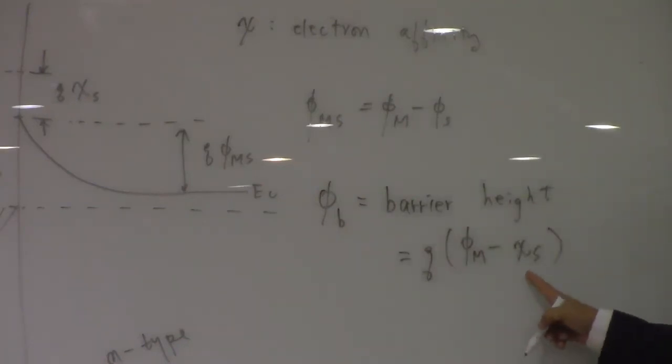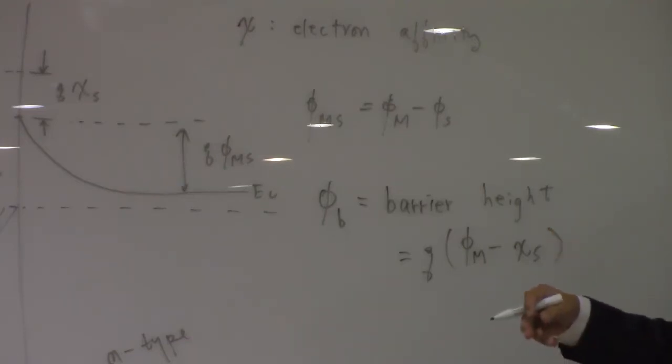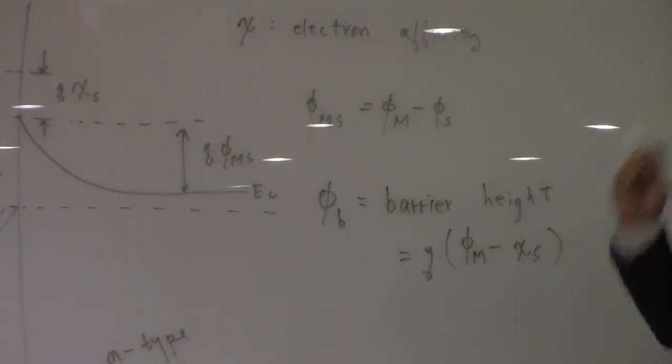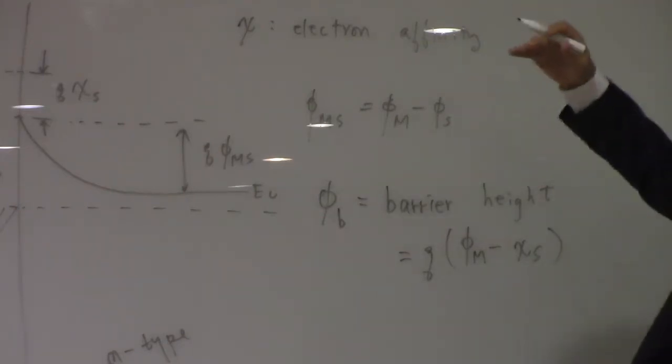This is not the work function of a semiconductor, it is the affinity of the semiconductor. Affinity means the difference between the energy of electrons in the conduction band of a semiconductor and the energy at the vacuum level.